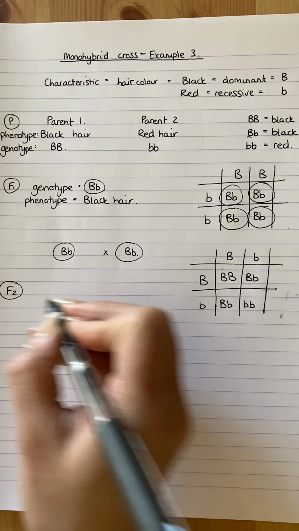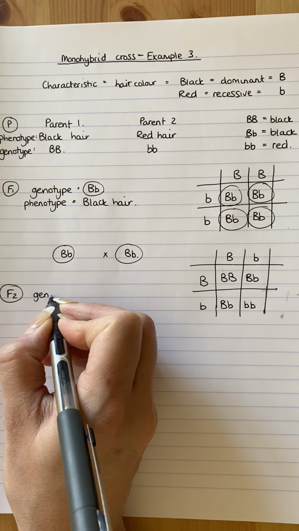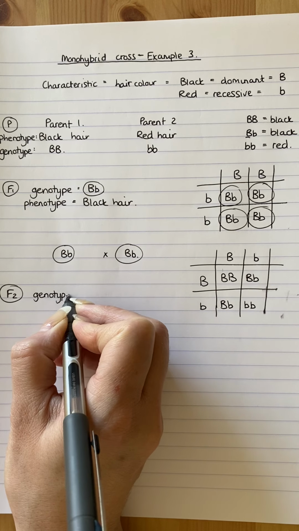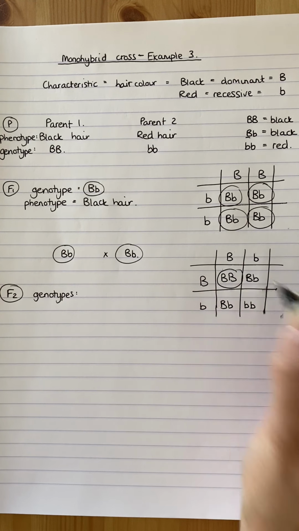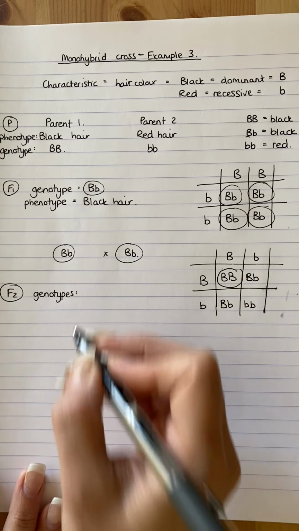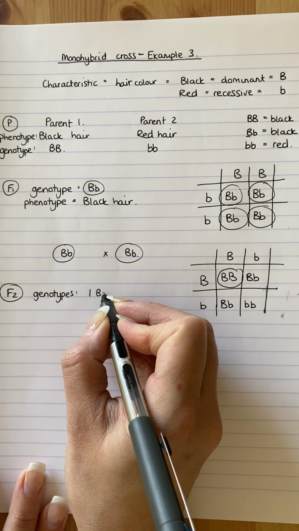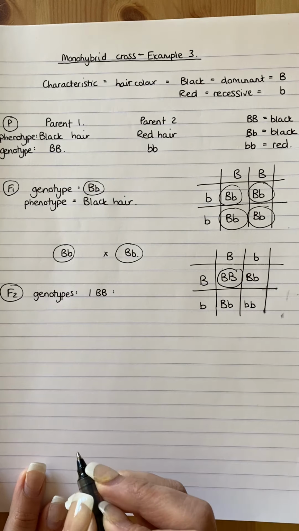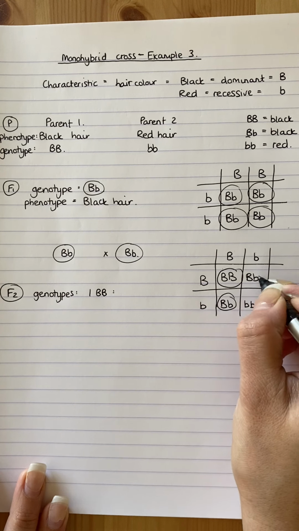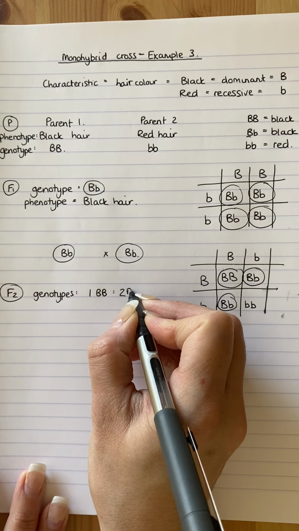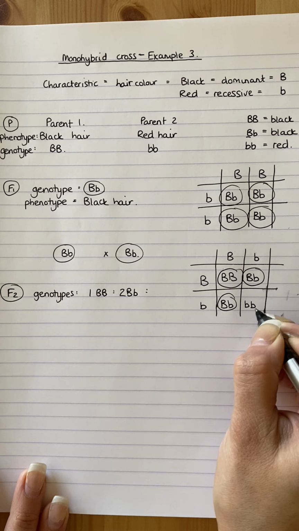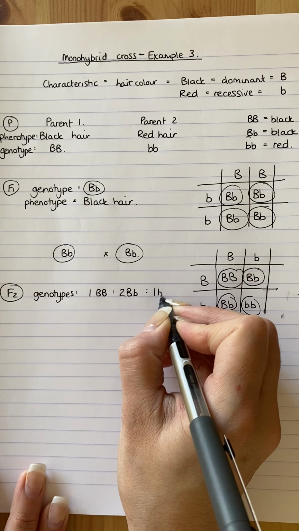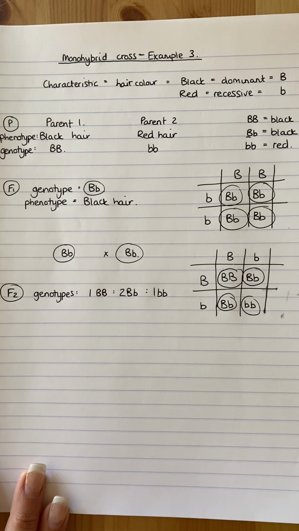And we have genotypes which are quite different to before. So we look at this, we have one potential child with big B, big B. Okay, we have 2 potential children, big B, small b. And we have 1 potential child with 2 small b's.